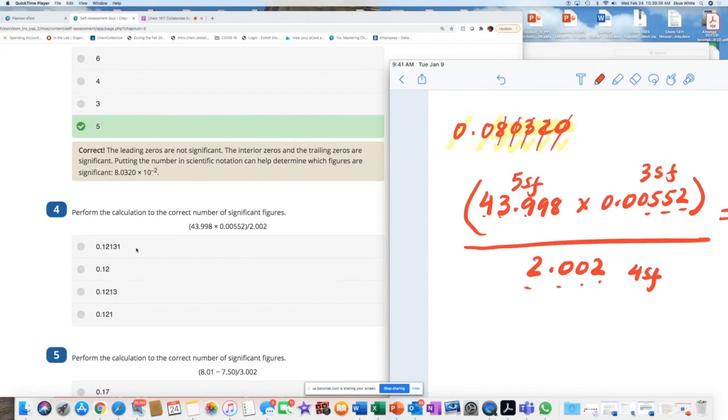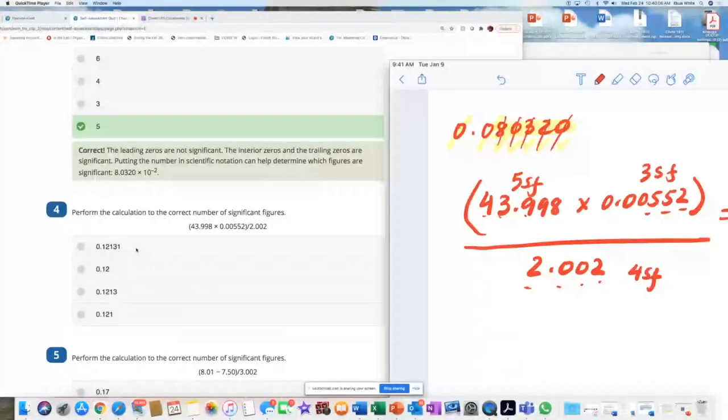But the number after this is 86. Because of that, it is supposed to be rounded up to 3 significant figures. Divide that by 2.002. Ultimately, you can keep going, but your final answer should have 3 sig figs. Your final answer should have the same number of sig figs as the smallest sig figs in the numbers you're dividing, right? So I'll keep going.